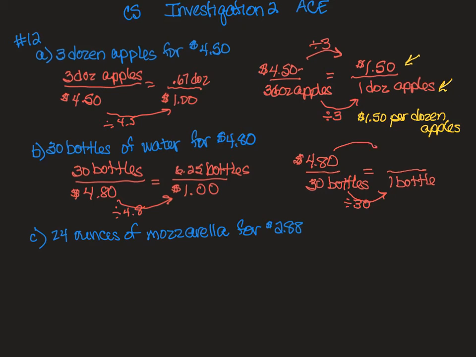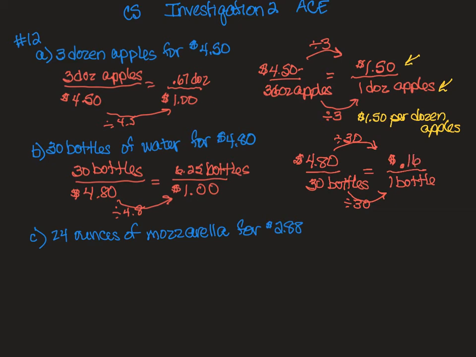And if I divide the bottom by 30, I have to divide the top by 30. That means I would divide $4.80 by 30, and I would get 16 cents a bottle.